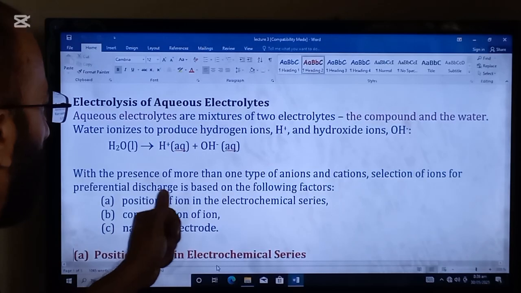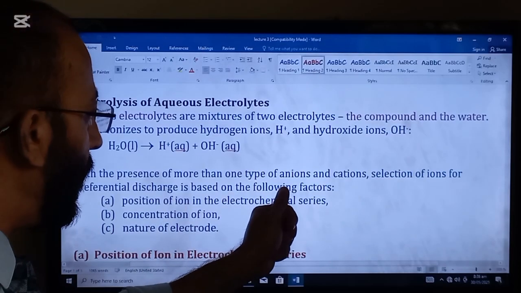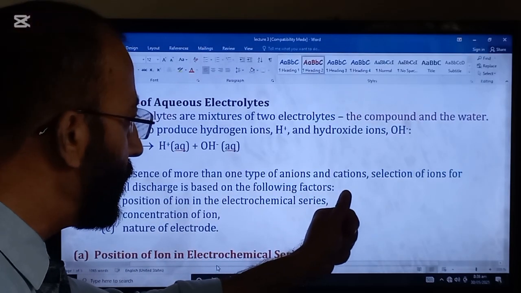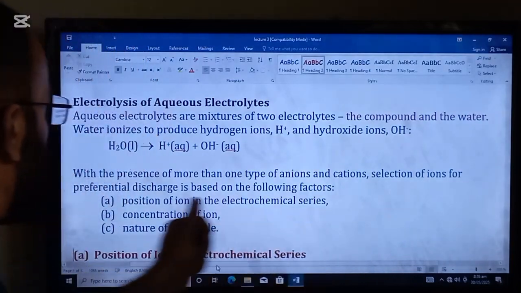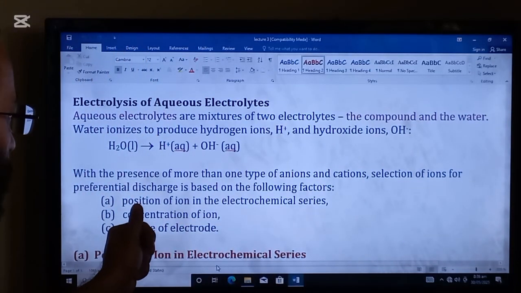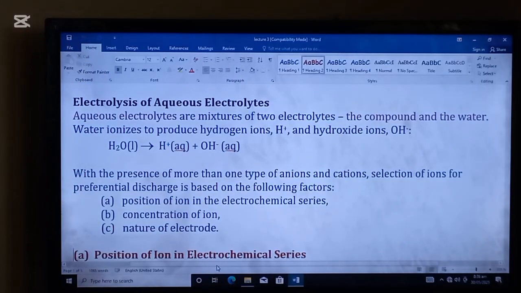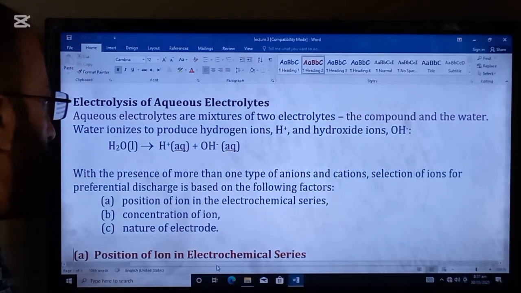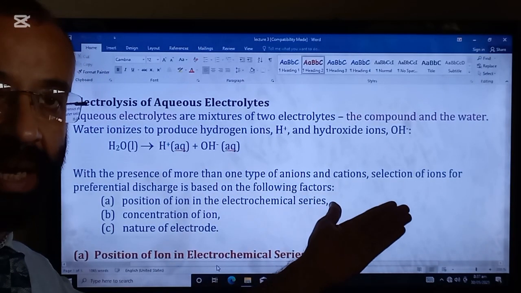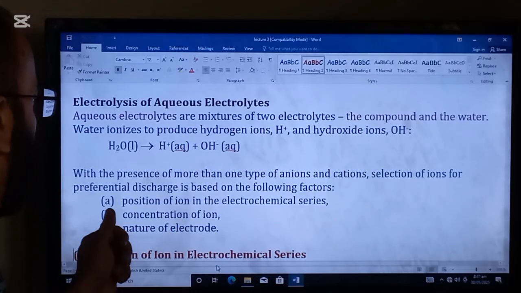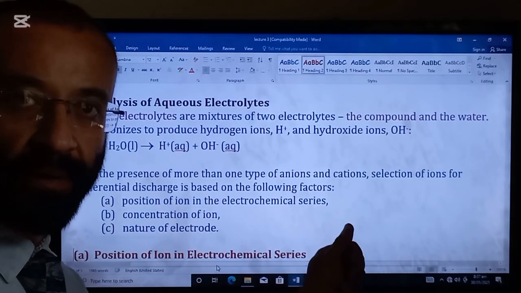With the presence of more than one type of anions and cations, selection of the ions for preferential discharge is based on the following factors. So it means if there are more than one type of anions or cations, the selection for the discharge will be based on the following factors.